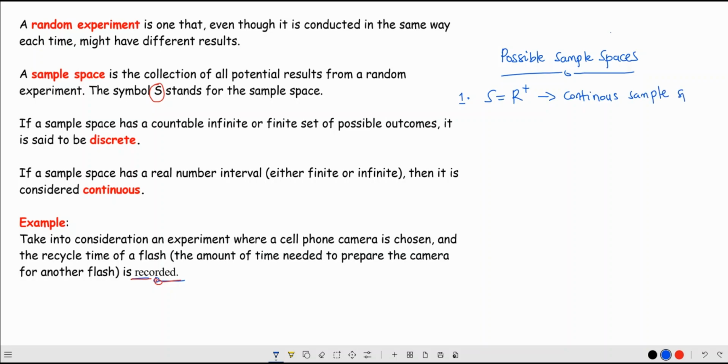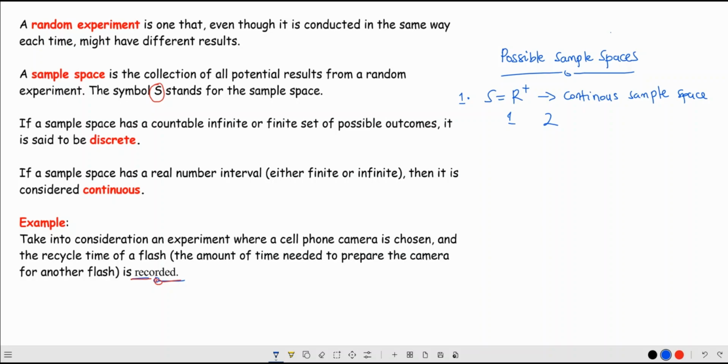This is because we are just considering a set of positive real numbers in general, and in this set of positive real numbers, you can have lots of decimal values, right? Even if you are considering just one and two, we can have a lot of decimal values between one and two, which are very similar to each other.